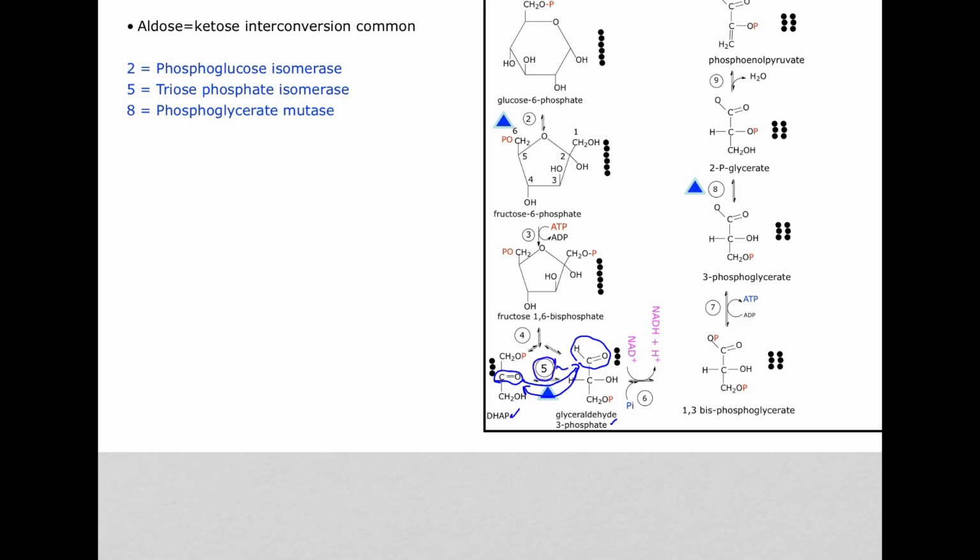Reaction number 5 is catalyzed by an isomerase, and to be more specific, this is called triose phosphate isomerase. You remember from your carbohydrate chemistry, a triose means a sugar that has 3 carbons. Dihydroxyacetone phosphate has 3 carbons, and so does glyceraldehyde 3-phosphate. That's why we call this a triose.